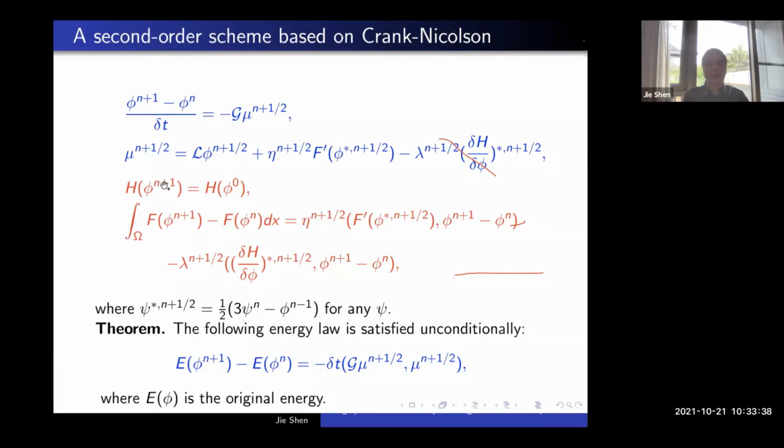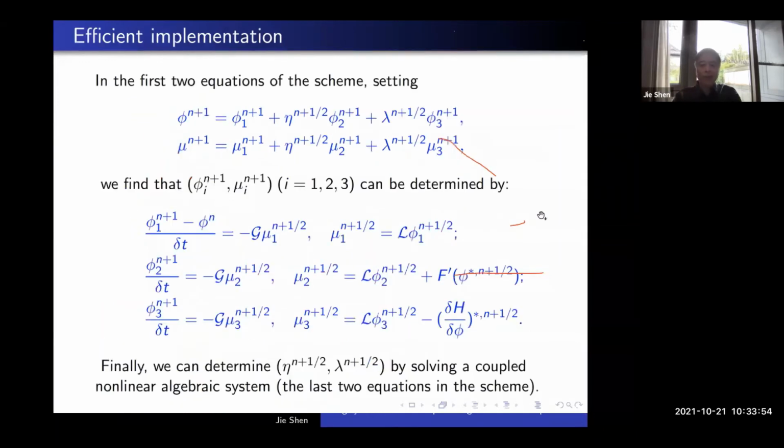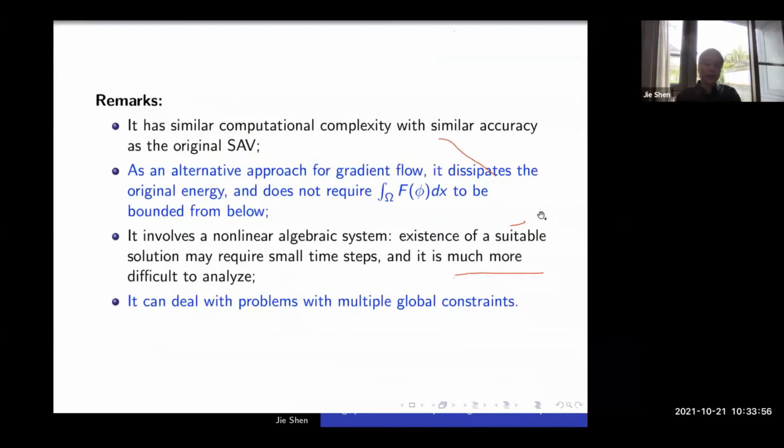Remember, eta and lambda are just numbers, so it's a nonlinear algebraic system. You can solve it with a Newton iteration with essentially no cost, right? It's just a 2x2 nonlinear algebraic system. So once again, the scheme is very efficient and easy to solve.